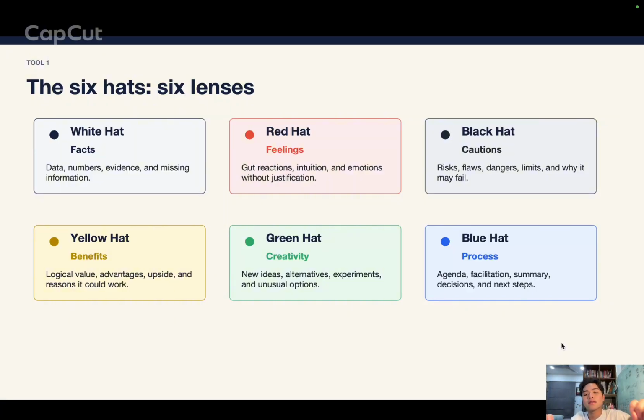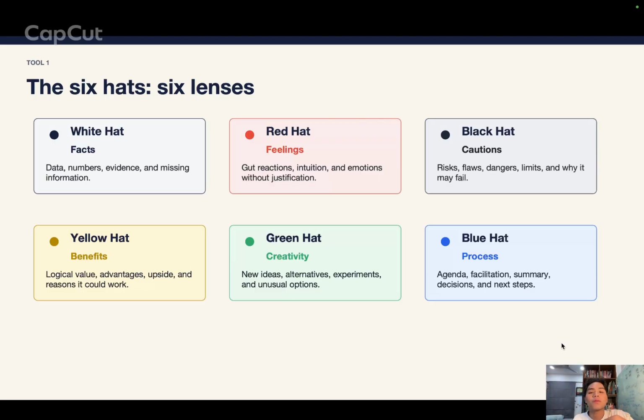So the white hat is for people in this category who care about facts. They want to know about data, numbers, evidence, and missing information. So they would ask, what do we know? What data do we have?